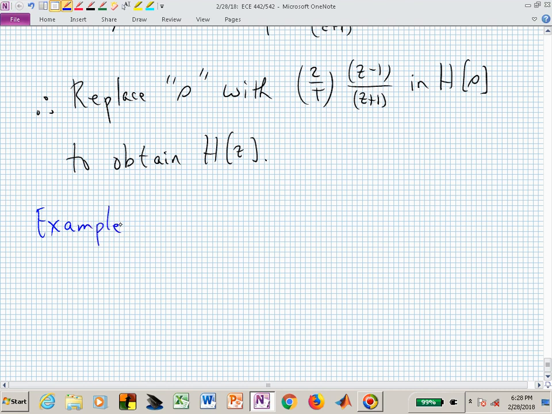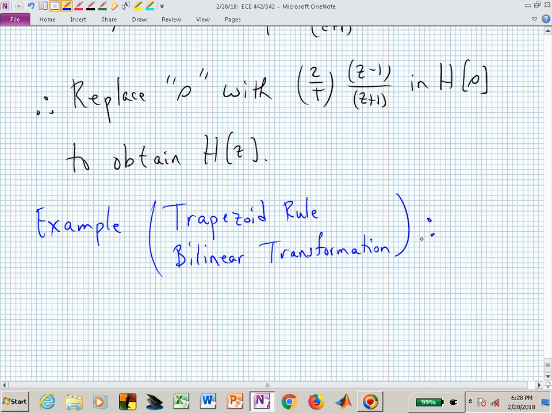And there's no need to stop now. We've been doing it for the forward and the backward. We might as well do it for the trapezoid. Or you'll see this may be called the bilinear or the Tustin approximation techniques. So all of those are the same. Here's our trapezoid rule, or bilinear transformation. And we're applying that to our generic first order low pass filter.